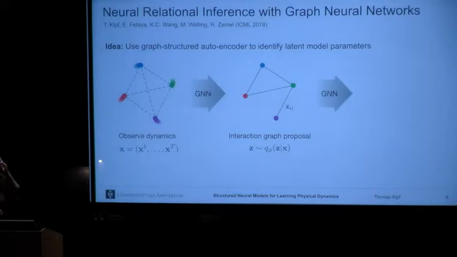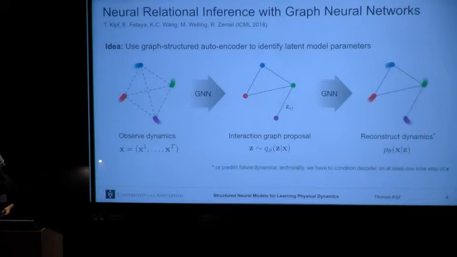And then the decoder part of the model is constrained on whatever the encoder predicted for the interaction structure. So the decoder would now run a graph neural network on this constrained graph that the encoder predicted, and it is tasked to predict or reconstruct the dynamics of the physical system. In this case, the decoder is exactly what we've seen before in previous works.